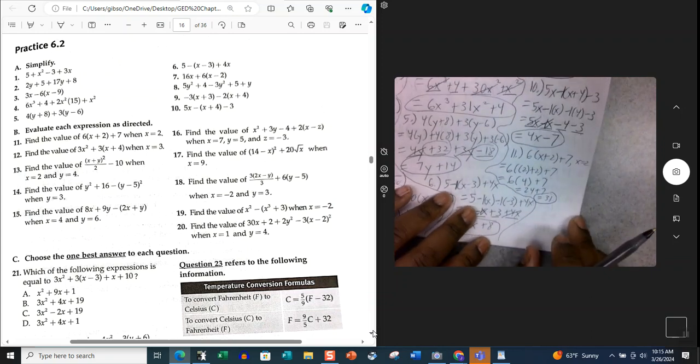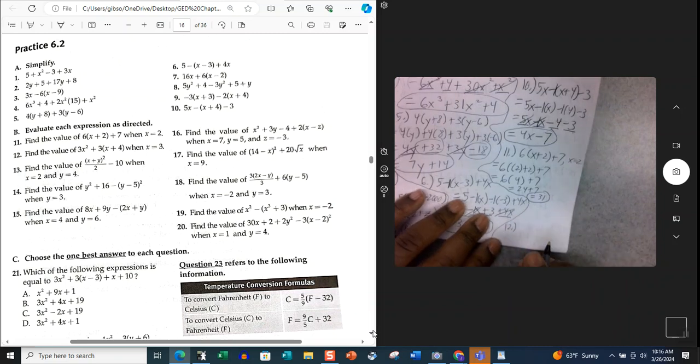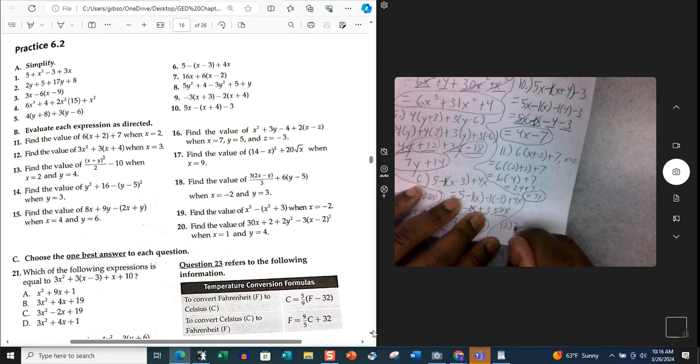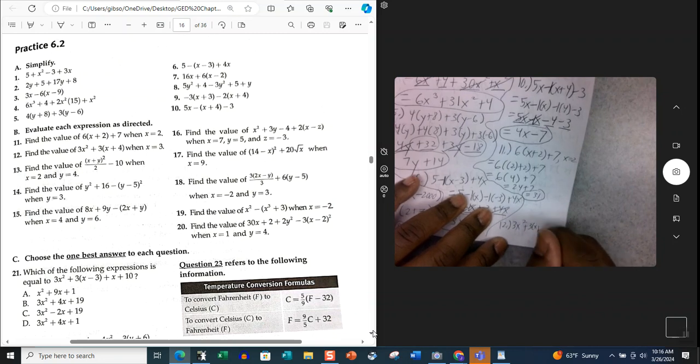Now, number 12. We'll get another shot at this. Now, number 12 is a little lengthy. So what I'm going to do, I'll write out 12. So we have 3x squared plus 3 times the parenthesis of x plus 4. And then we say that x is equal to 3.